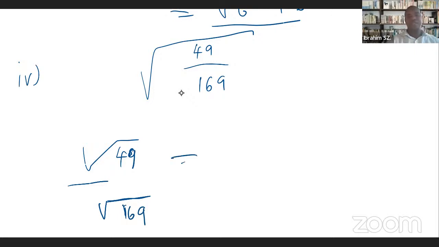And the result is going to be equal to 7. I'm writing just 7 because you know that you're going to do it by prime factorization. So it'll be 7 over 13.